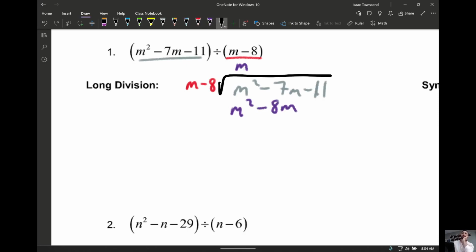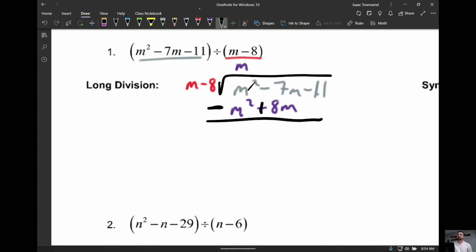Now the most common mistake, and if there's one thing you need to really focus on today, is this next step. You really take all of this minus all of this. But writing it this way, students forget it way too often. What seems to work out a little bit better is if you right away change the signs, so that's like distributing the negative, and add instead.